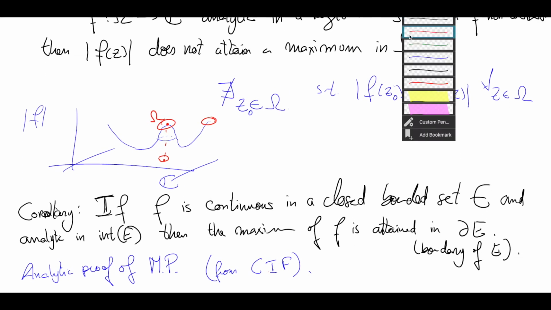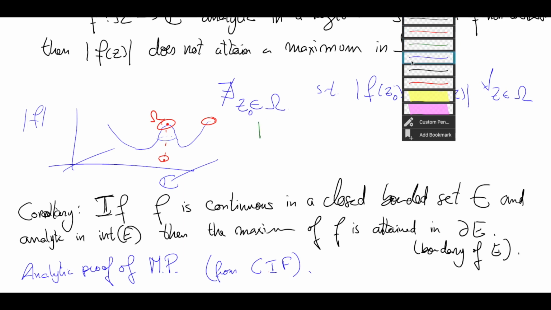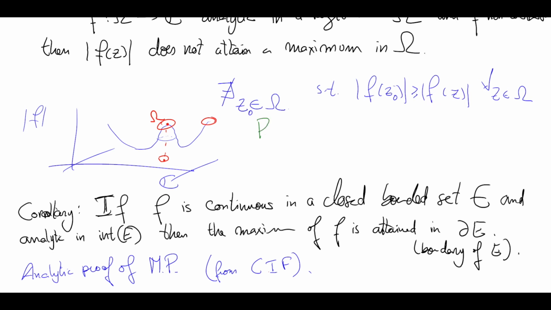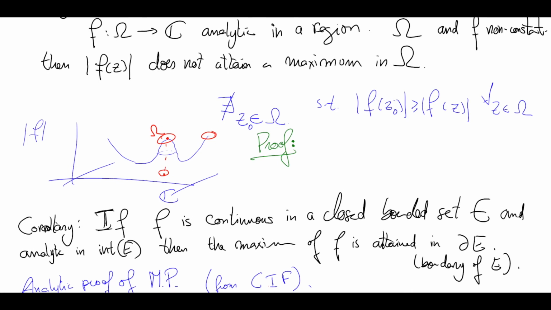Maybe I should just write a word. Because it comes as a corollary, but maybe I should describe how it comes as a corollary. So let me take a side note, as it might not be completely obvious. Let me prove this a bit more, not just say that it's a corollary, but say how it is a corollary.